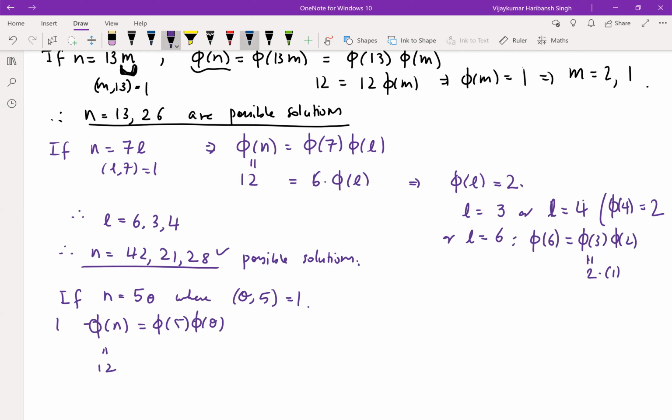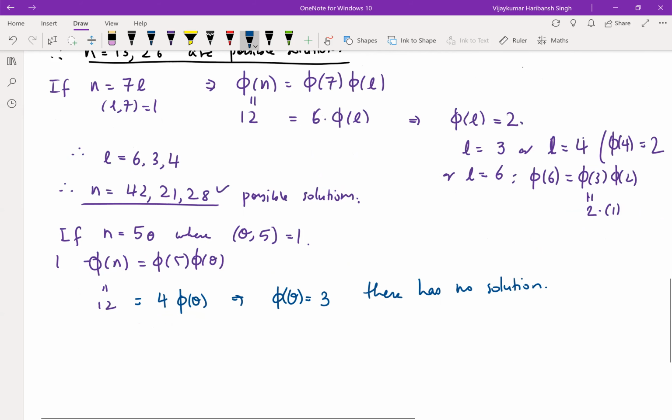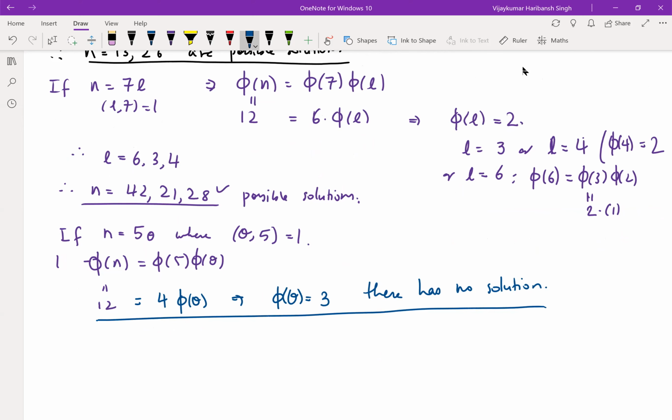On the other hand, this is equal to 4 times phi of theta. This means phi of theta equals 3, and we know that this has no solution because phi of x is even or 1. So what are the possibilities for phi of x? It can be even, or the only odd number allowed for phi of x is 1.